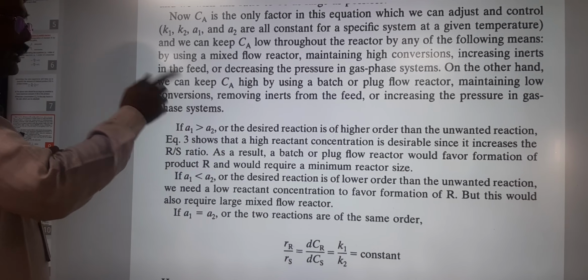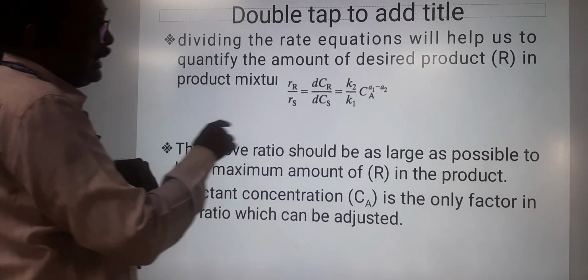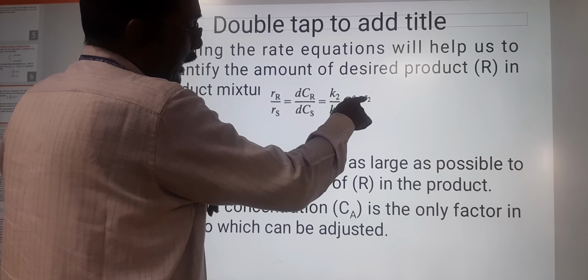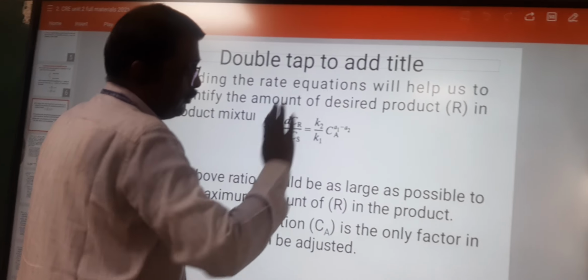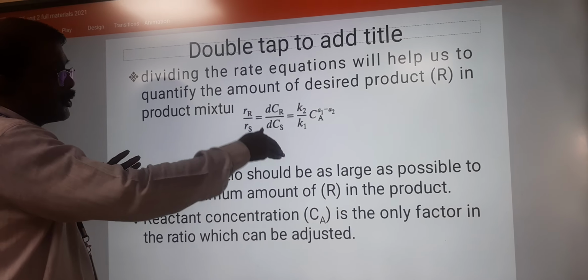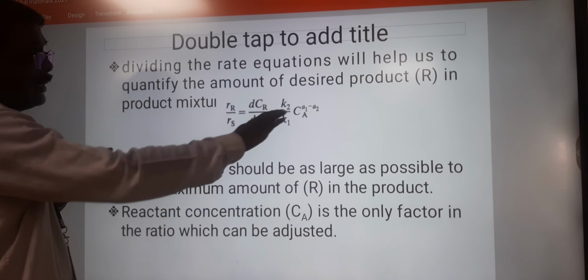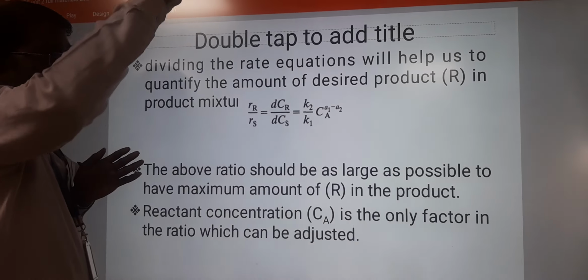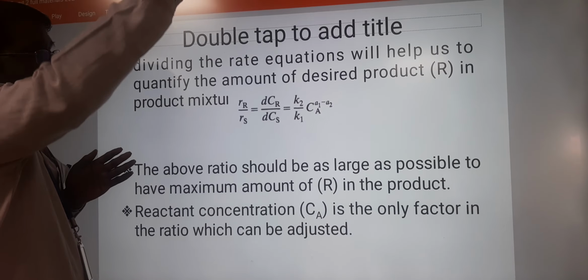If it is more than A2, then if we go back to the previous slide, this becomes positive, this becomes negative, larger value, this is the larger value. So your Ca power is now a positive value. That means the ratio is proportional to concentration. That means if the concentration of reactant is at the highest level, then the ratio will also be a high value.